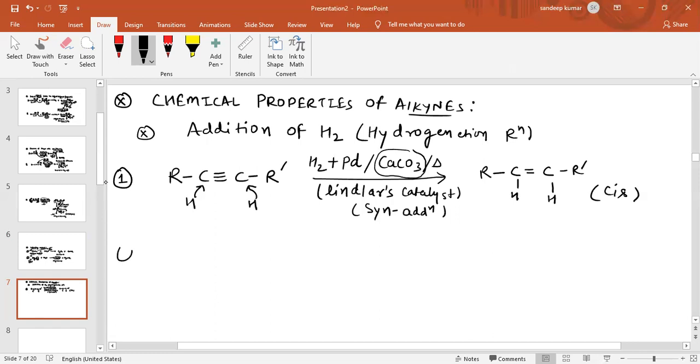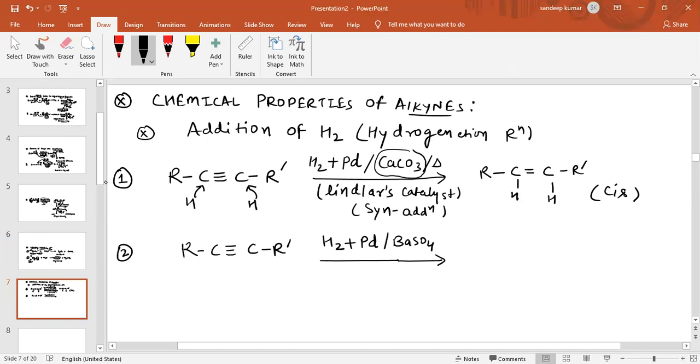In the same way, another chemical property of alkyne: the reaction of the same alkyne in presence of hydrogen plus palladium, but now the poison will be barium sulfate.